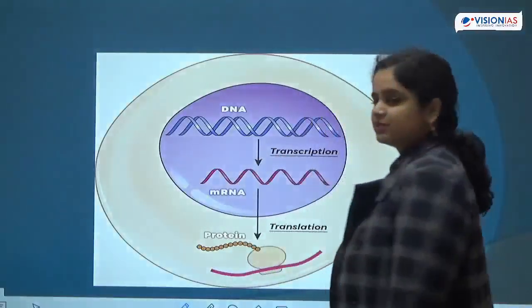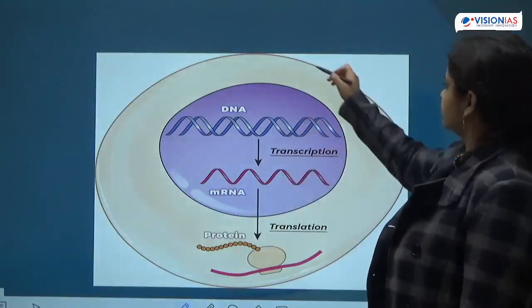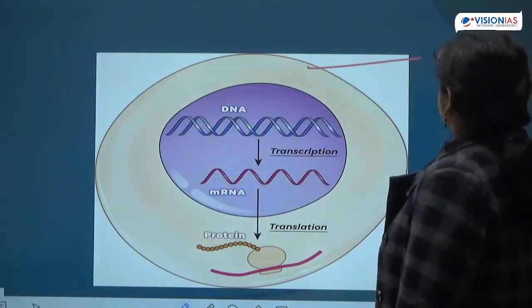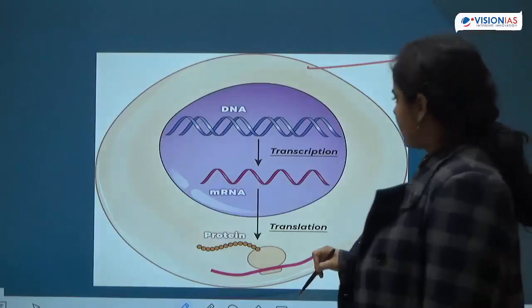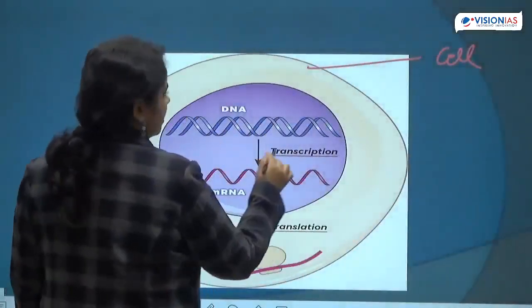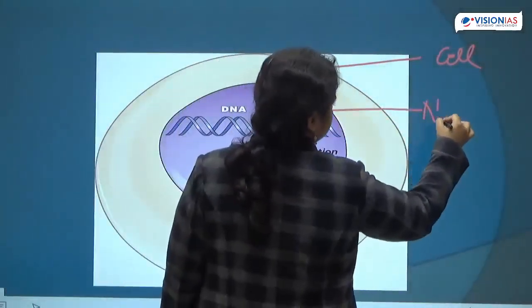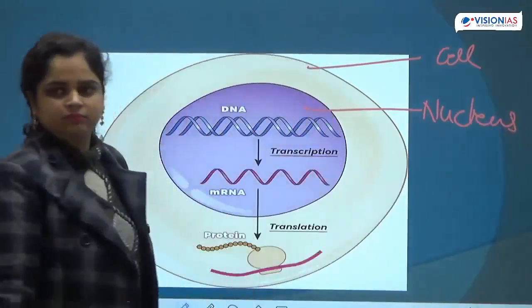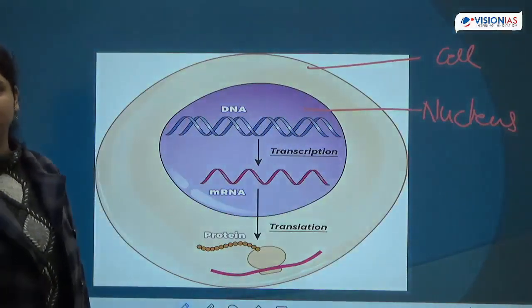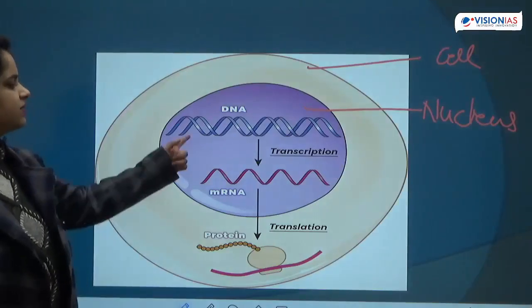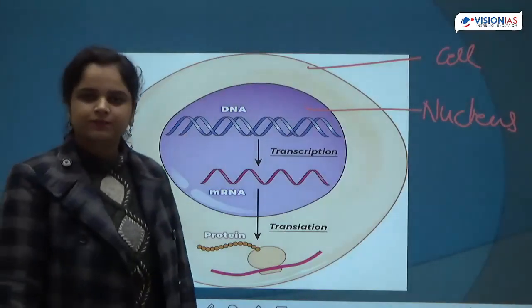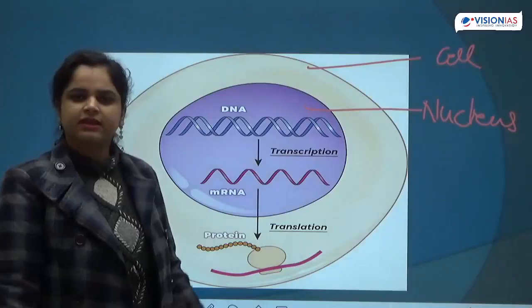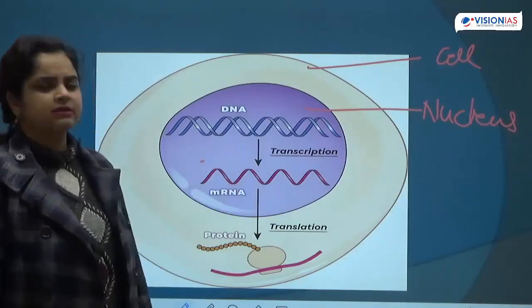The DNA which is there, this is the cell. Okay, this is the cell. And in the cell, you have this nucleus. You have the cell, you have the nucleus. In the nucleus, we have the DNA, right? DNA in the form of chromosomes, that's found in the nucleus.